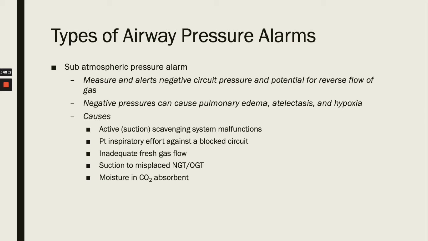It sounds outrageous, but it obviously has happened because we've read about it. And excess moisture in the CO2 or soda lime absorbent. So these are things that could set off the sub-atmospheric pressure alarm.